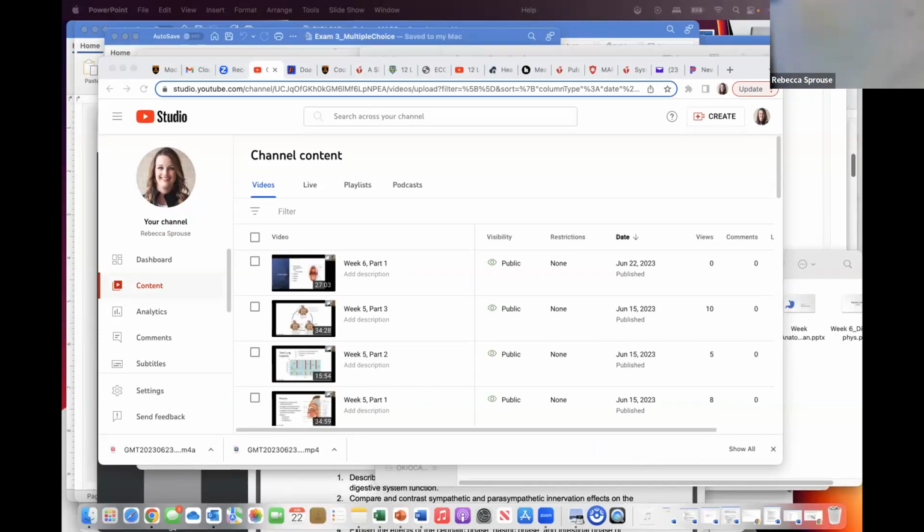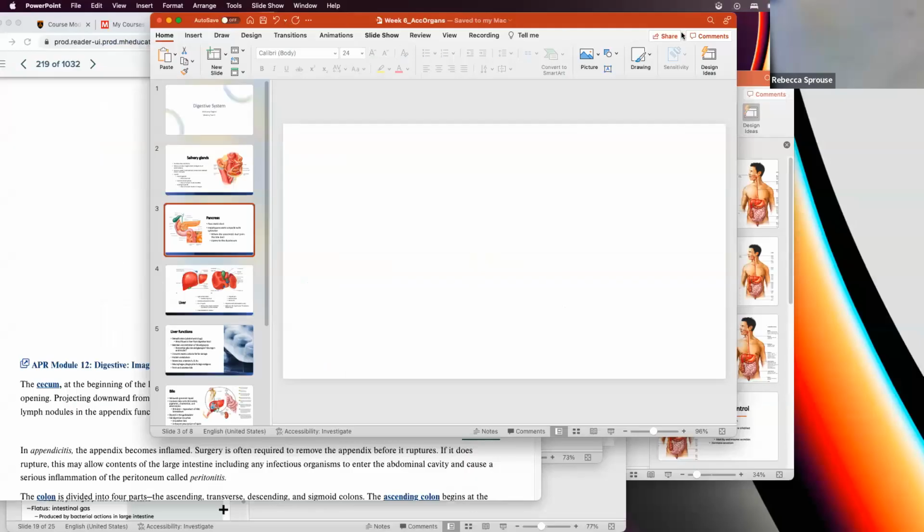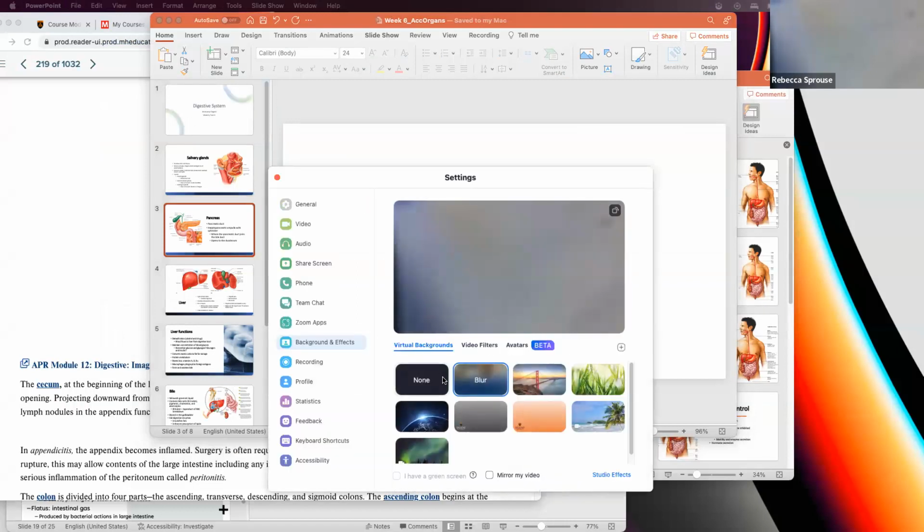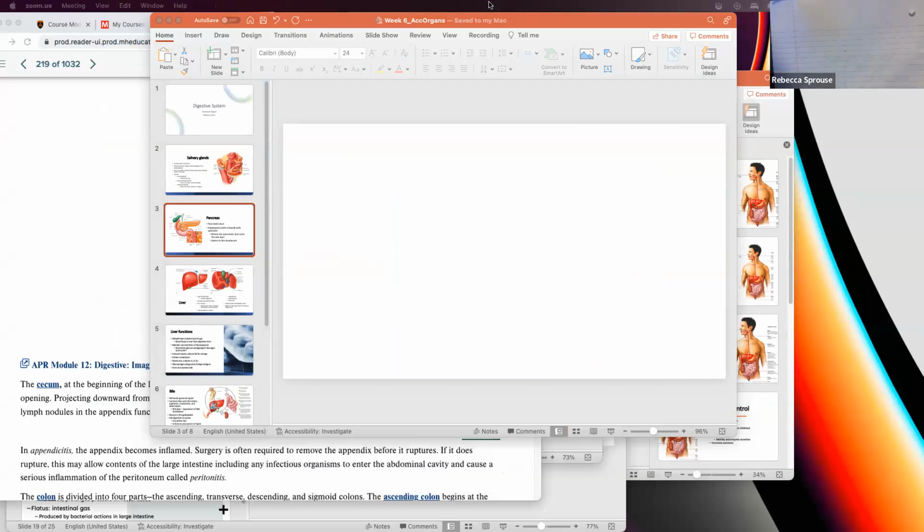Let me just fix that real quick. There we go. Okay, actually, I'm going to stop screen sharing. Then you can see this. Okay.